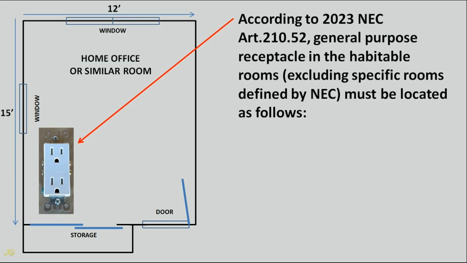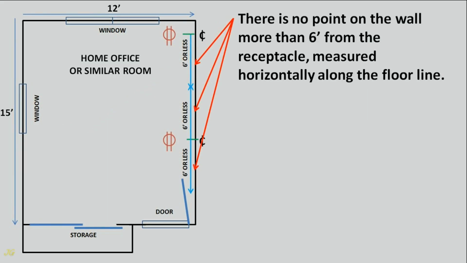According to 2023 NEC Article 210.52, general purpose receptacles in the habitable rooms, excluding specific rooms defined by NEC, must be located as follows. There is no point on the wall more than 6 feet from a receptacle, measured horizontally along the floor line.